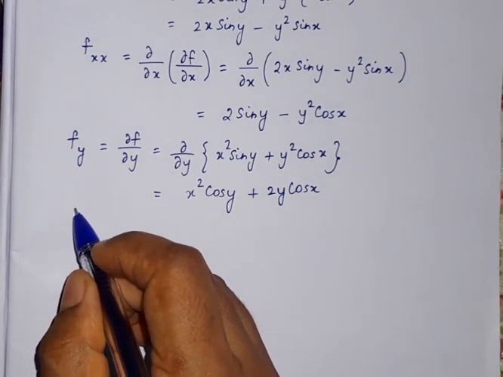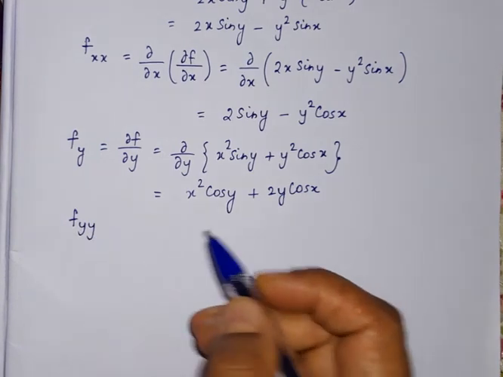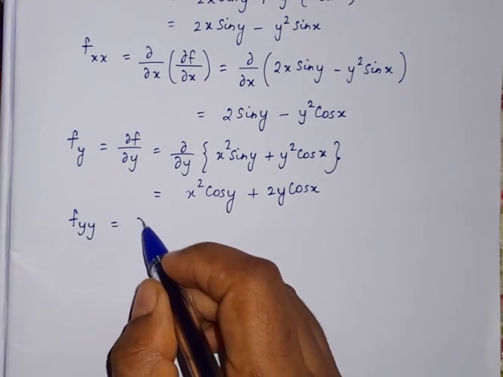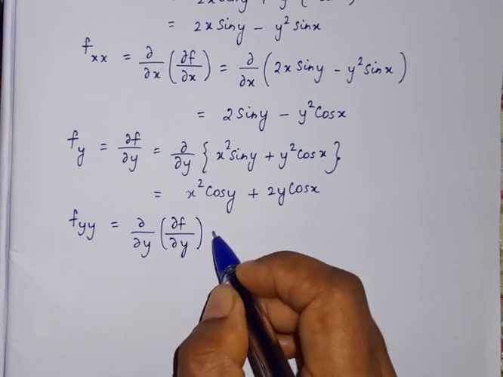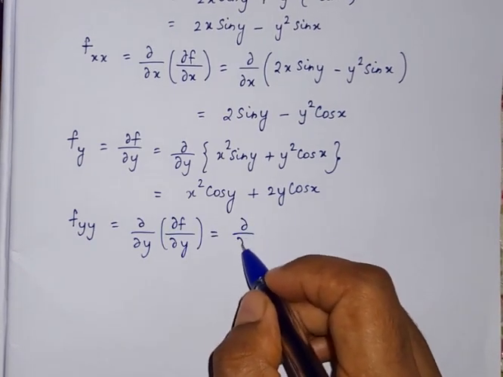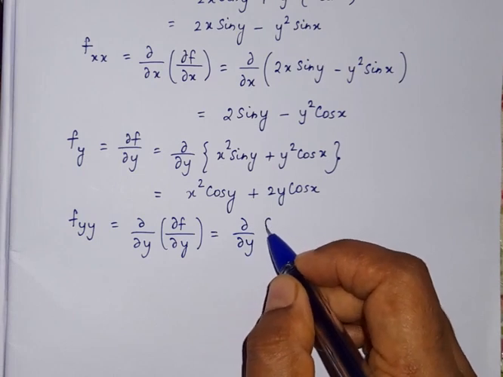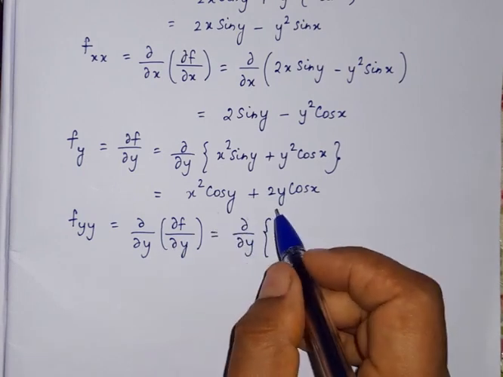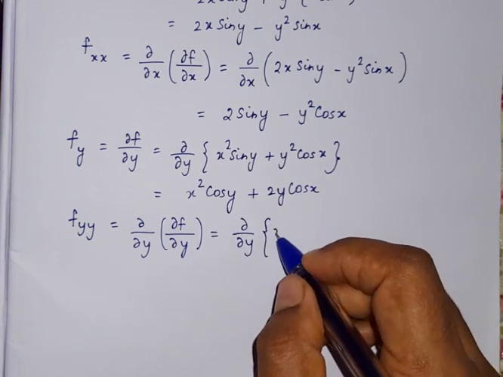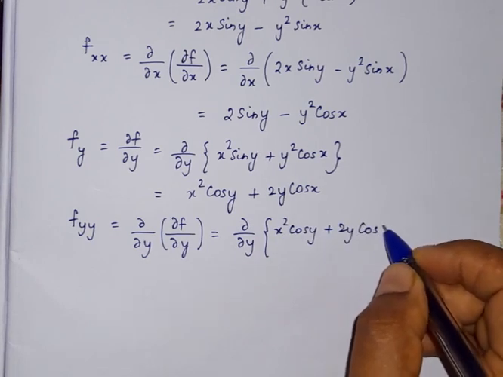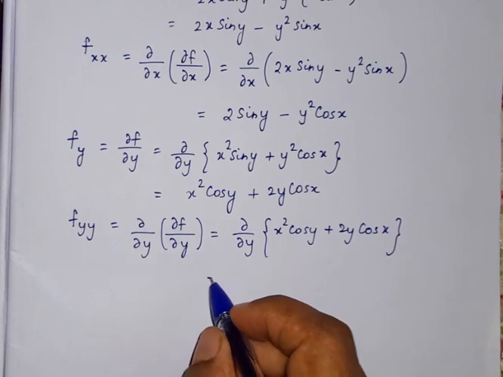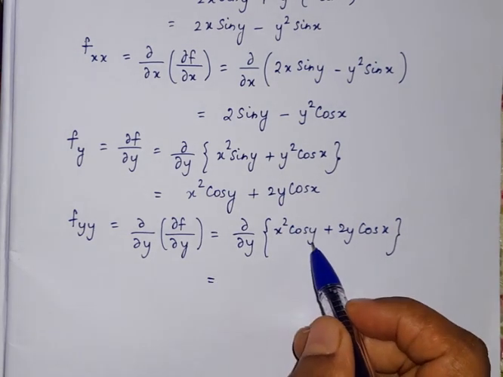Now we need fyy. Fyy is dou by dou y of dou f by dou y, which is equal to dou by dou y of, instead of dou f by dou y, we have x square cos y plus 2y cos x. Now differentiating the first term with respect to y.